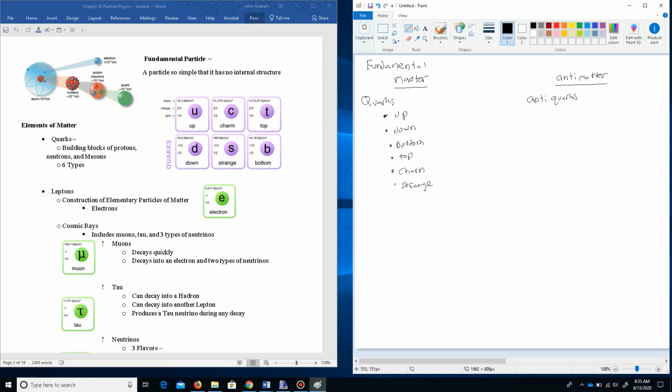And then these will be anti-up, anti-down, anti-bottom, anti-top, anti-charm, and anti-strange.